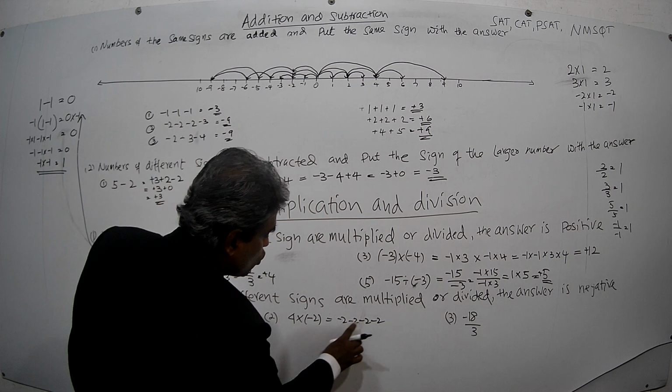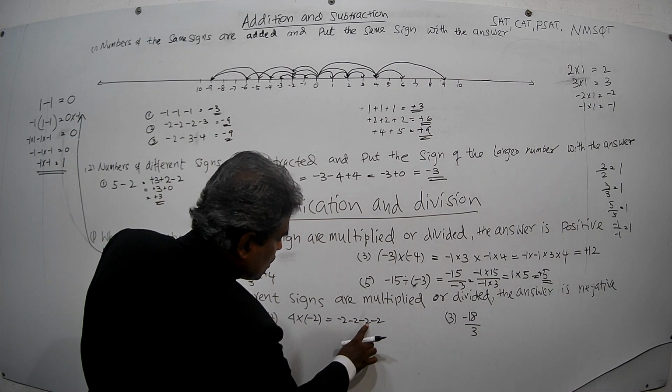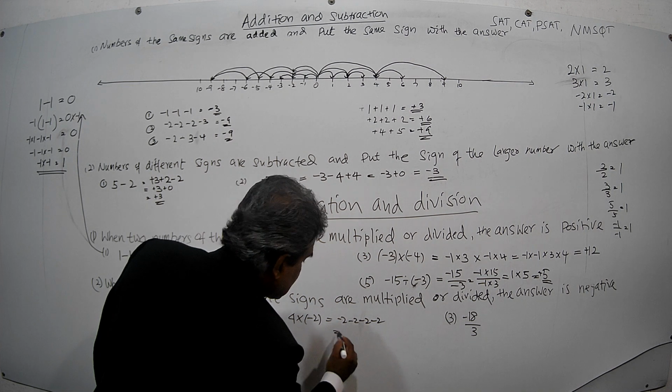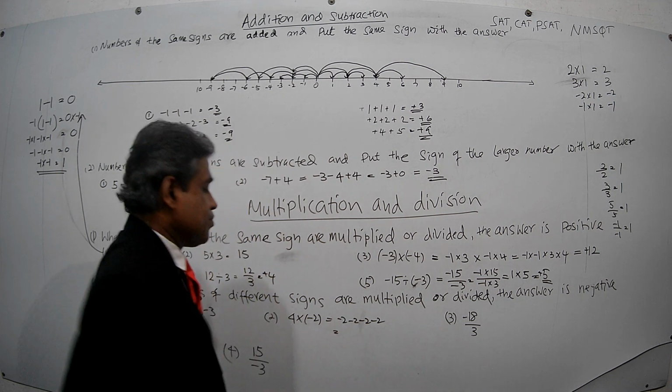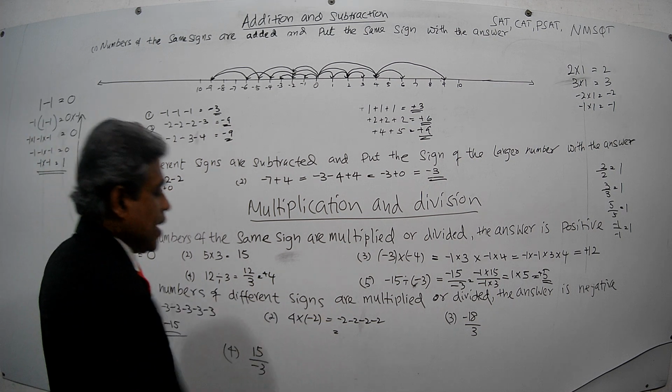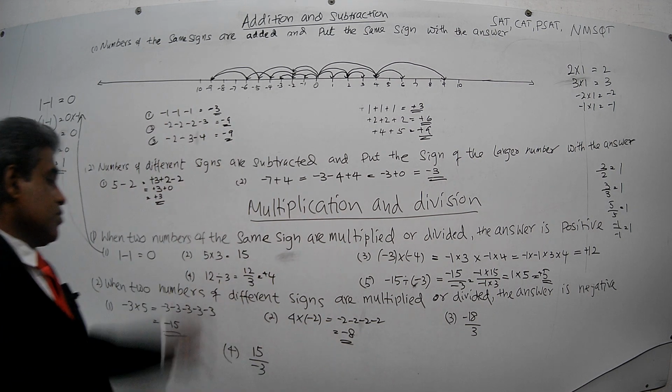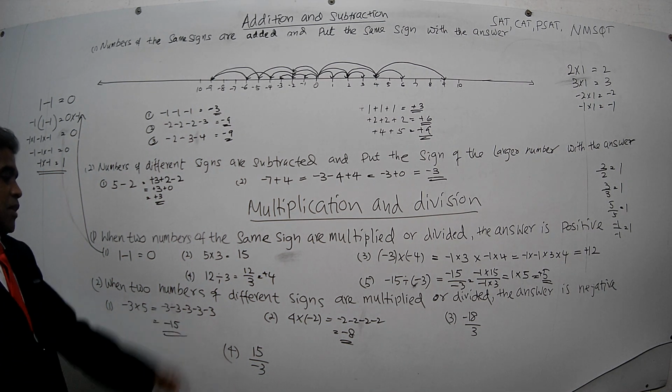Follow: 2, 4, 6, 8. All the 2s have negative signs, so numbers of the same sign are added, and the answer is positive. Follow the first rule, even though it's multiplication.